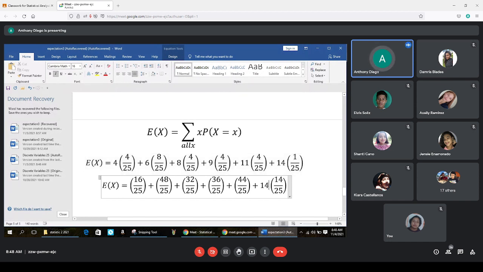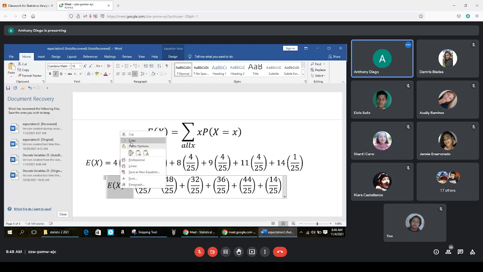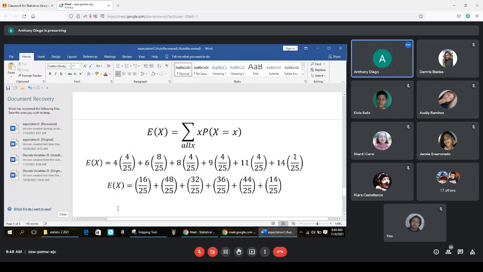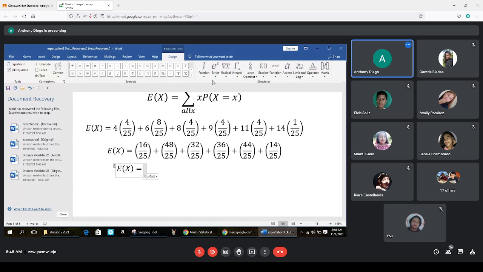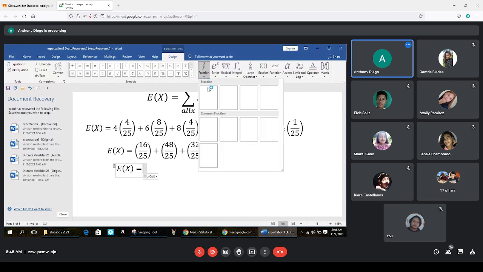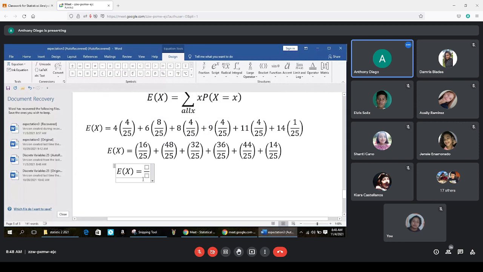Now what I want you to do is to add all the numerators, 16 plus 48, and then the rest. So what will that be over 25?